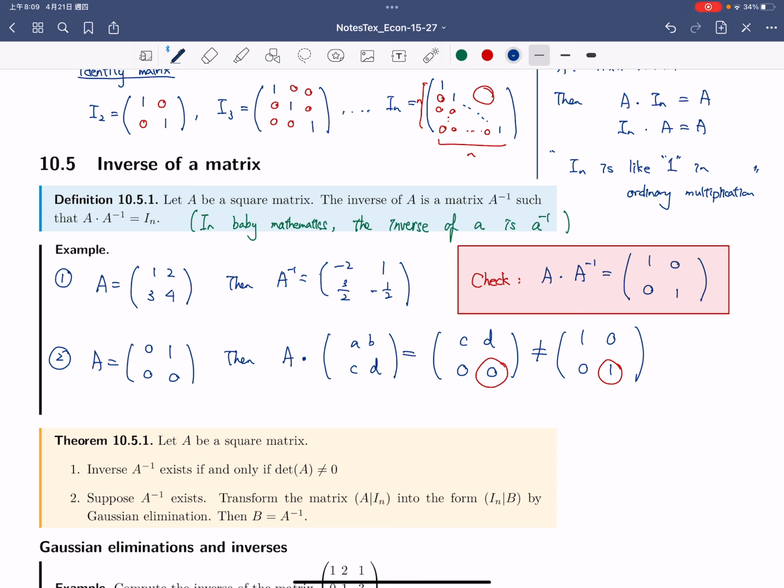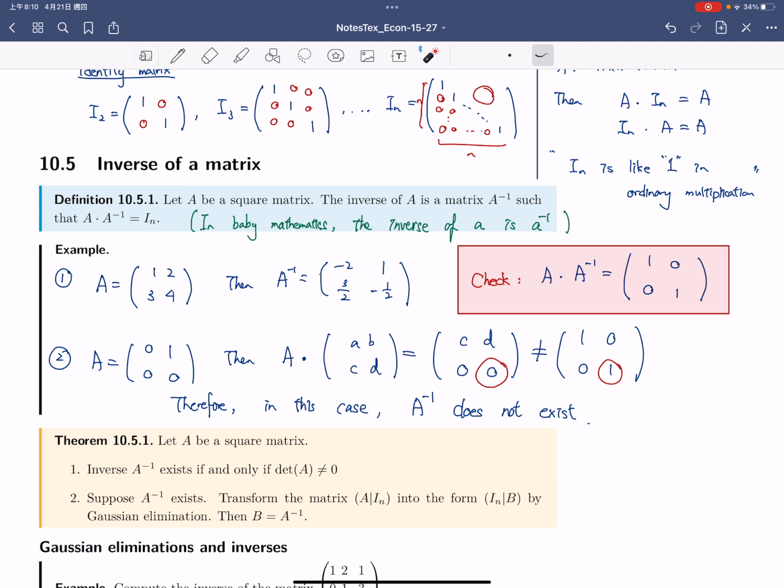Therefore, in this case, the inverse of A does not exist. This is a different phenomenon from numbers, because for numbers, as long as you have a non-zero number, you can talk about its inverse. However, in matrix theory, even if you have a non-zero matrix, the inverse may or may not exist.